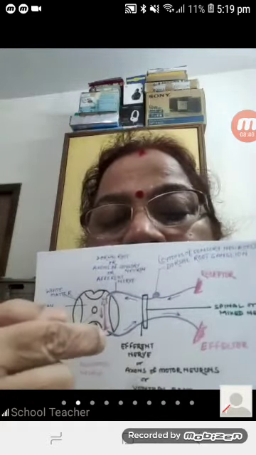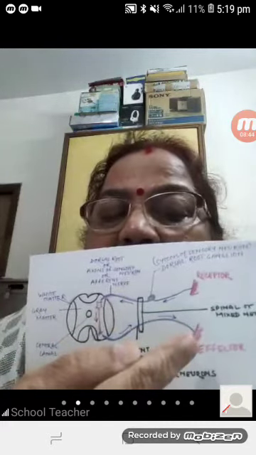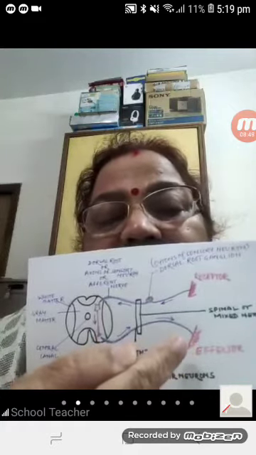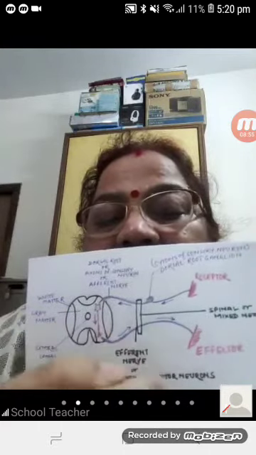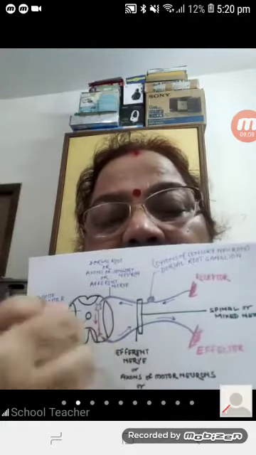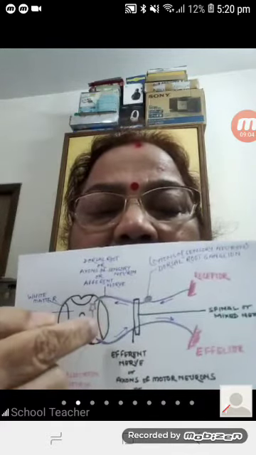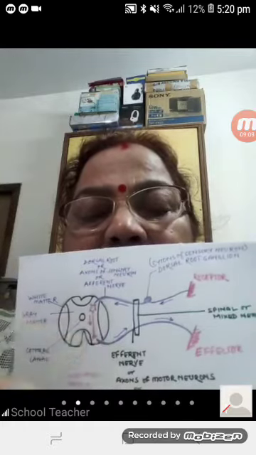Now from here, this route, the arrow is going out to the effector to show the response. So here, the nerve that is connected to the effector will be motor nerve. All the cytons of the motor neuron are located at the ventral horn of the spinal cord.